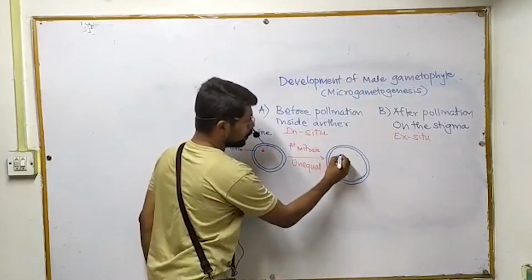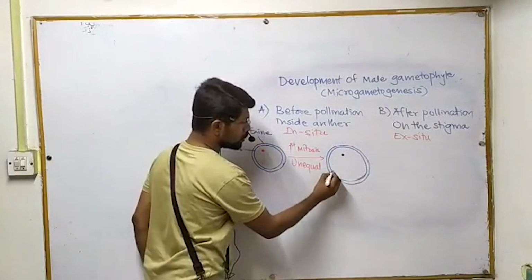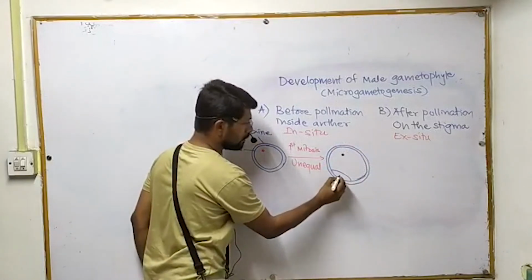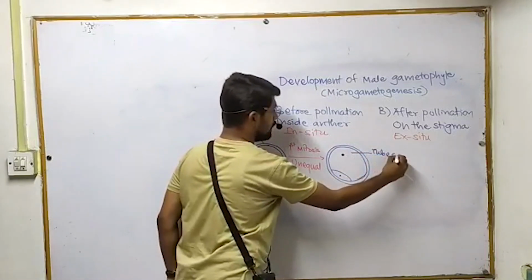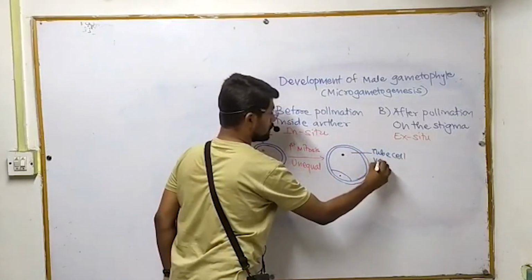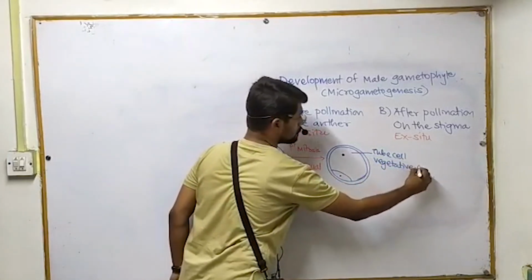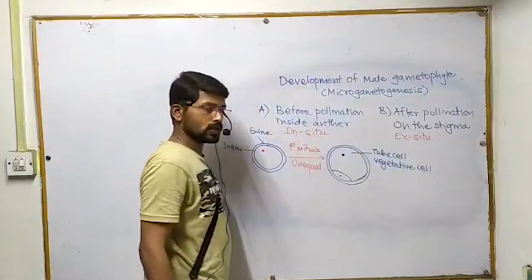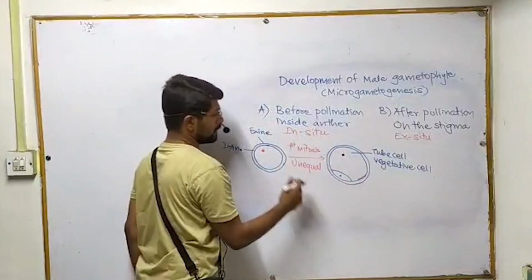Now here two cells are formed. This is the first cell, which is large, and this is the second cell, which is small. This cell is called tube cell or vegetative cell, which is the large one, having a distinct wall and a single haploid nucleus after first mitosis.